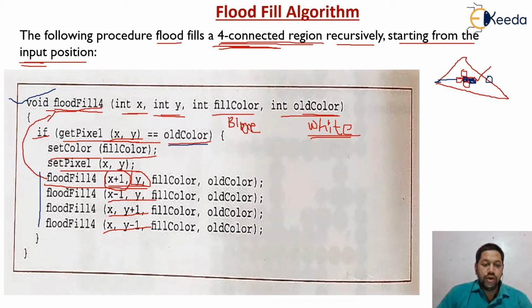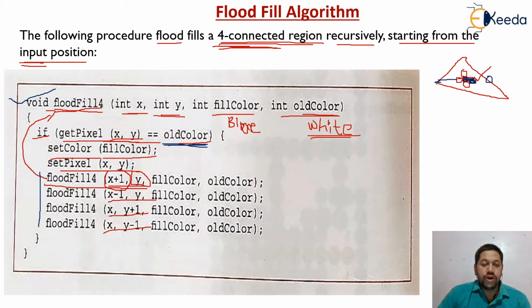If I compare the flood fill algorithm with the boundary fill algorithm, you come to know that in the boundary fill algorithm we have used the boundary color, and we are checking up to the boundary color. The condition is: if it has the old color and it is not the boundary color, then fill it.